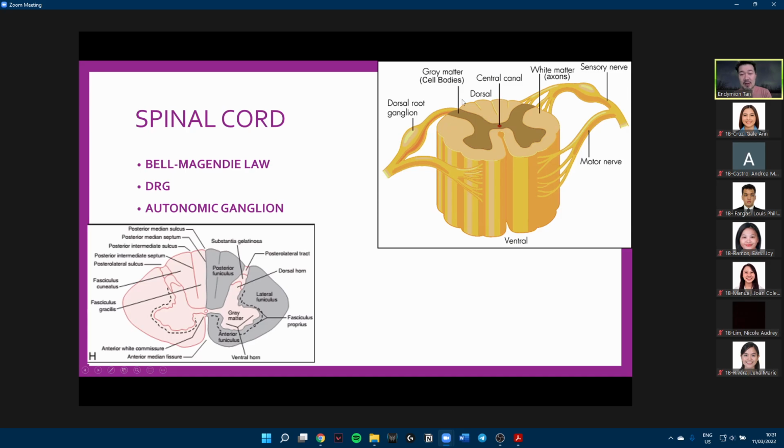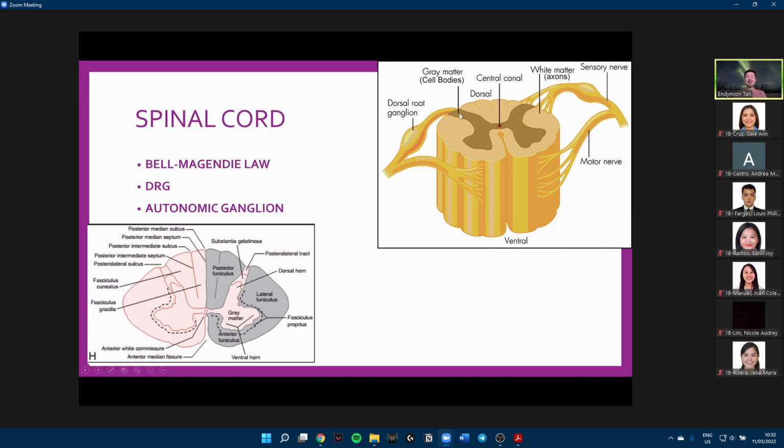Dorsal or posterior is sensory or afferent. Everything ventral or anterior is efferent or motor in function. And the spinal nerve is made up of a fusion of the sensory and the motor part, giving rise to the spinal nerve. Therefore, a spinal nerve, which is a part of the peripheral nervous system, is made up of both the afferent and the efferent limbs.